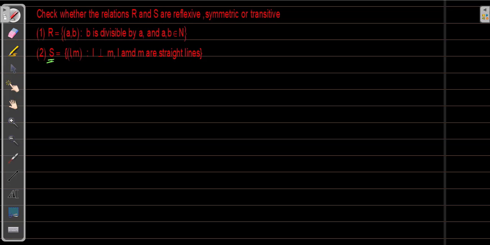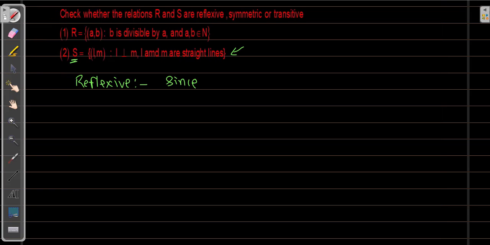The relation S is defined on the set of straight lines. So first we will see whether our relation is reflexive or not. If this relation is reflexive, then each element should be related to itself. Means the ordered pair (L, L) does not belong to relation S. Why is this so?